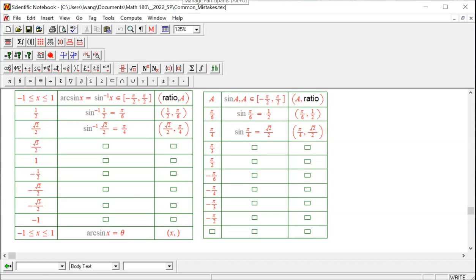So x, theta, right? And theta could be any one of these or more, everything between -pi/2 and pi/2. And then at that point, sine theta equals x, right? So if you have an input-output expression, you can see that the inverse relationship is such.